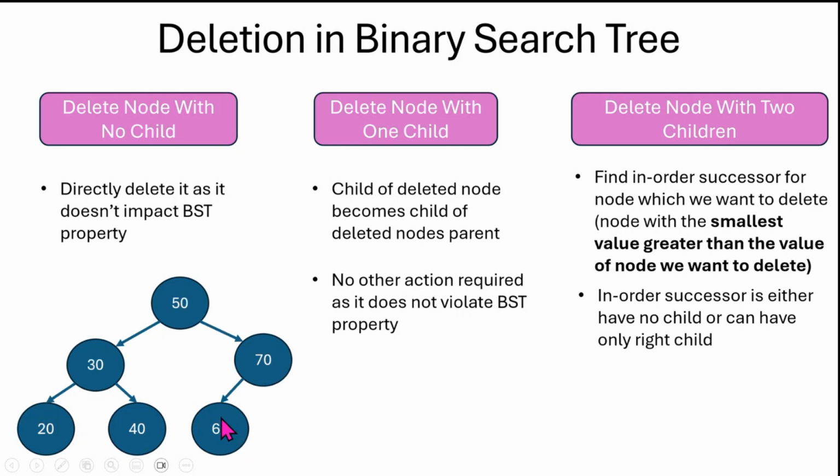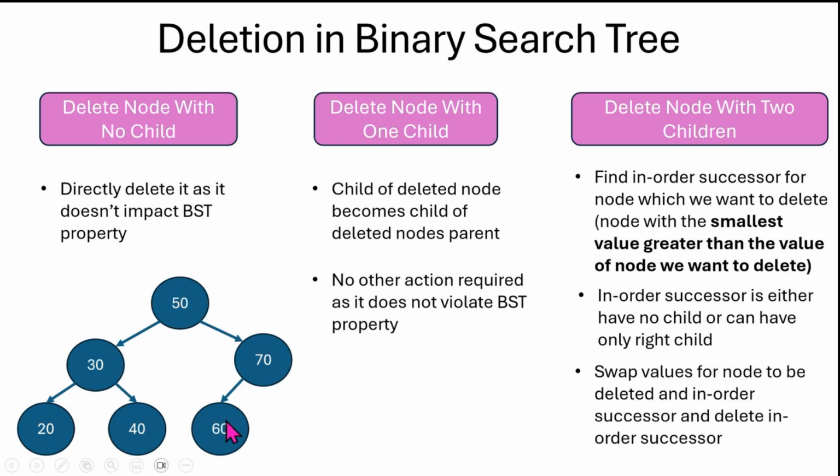Because let's say if 60 has left child 55 and right child 65, then for 50, the in-order successor will be 55, not 60, because 55 is the smallest greater value than the 50. And if let's say we have only 65, then in that case, in-order successor will still be 60. So it can have the right child. So the in-order successor can have either no child or just one child, which is right child.